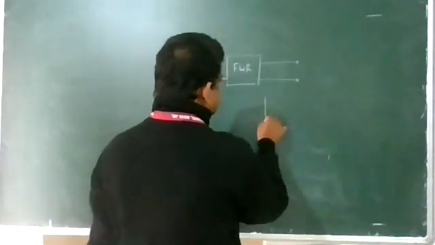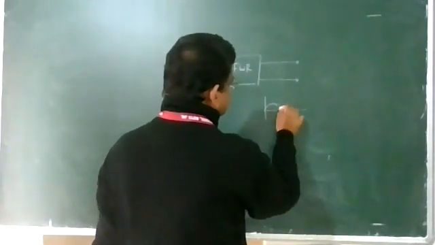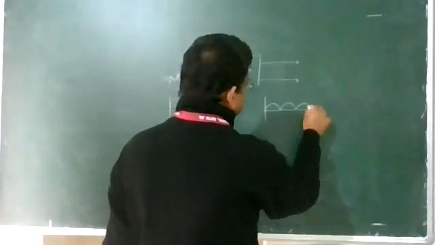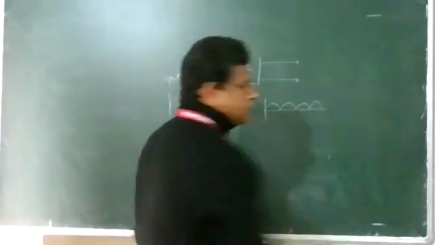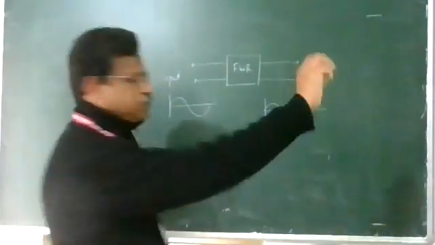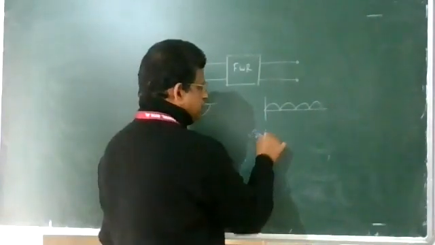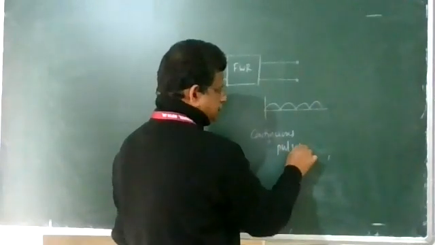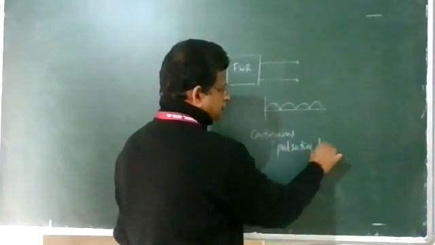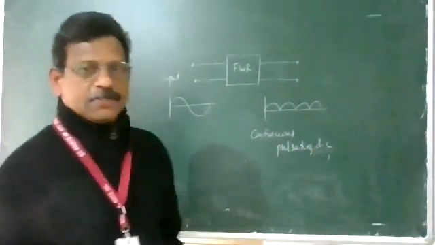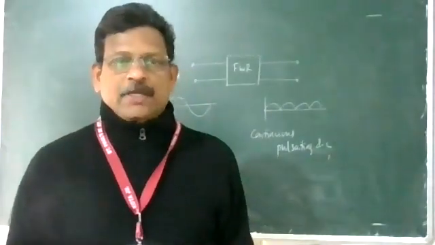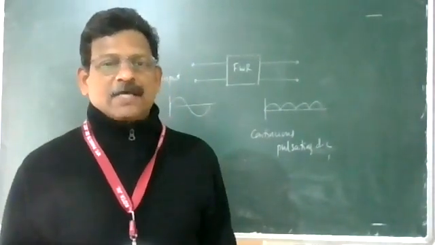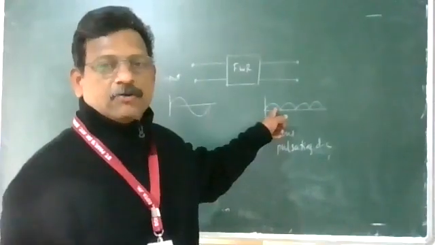This is called pulsating DC, continuous pulsating. So here the pulsations are due to undesirable AC components in this.